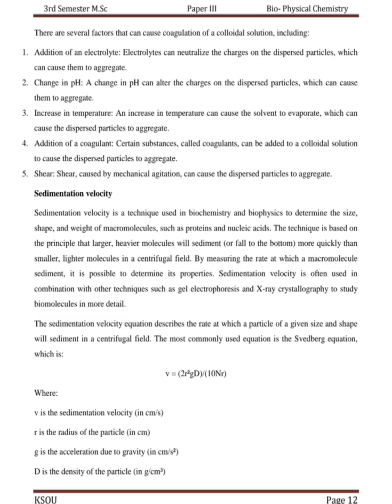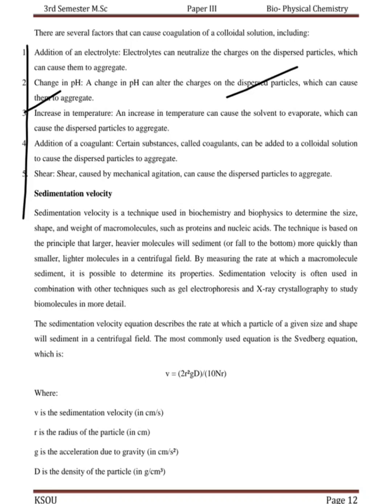So addition of an electrolyte. Coagulation happens when there is addition of an electrolyte. The electrolyte can neutralize the charge on the dispersed particle. And change in pH: a change in pH can alter the charge of the dispersed particle. So why are these changes going to take place?